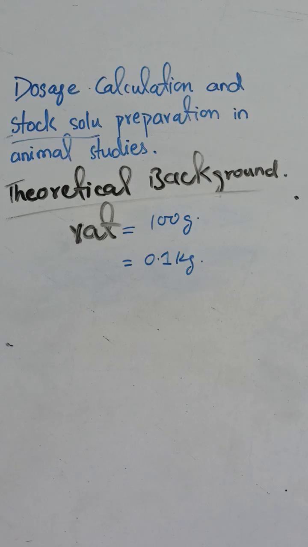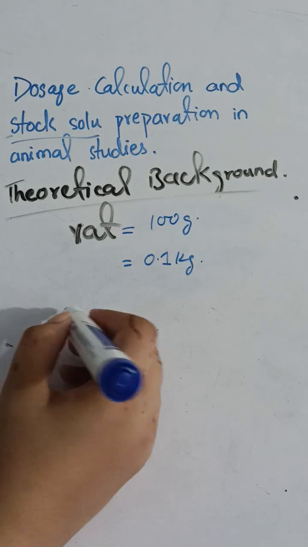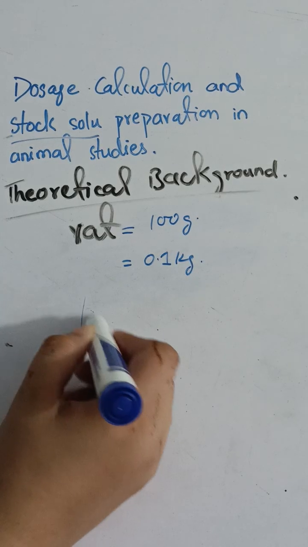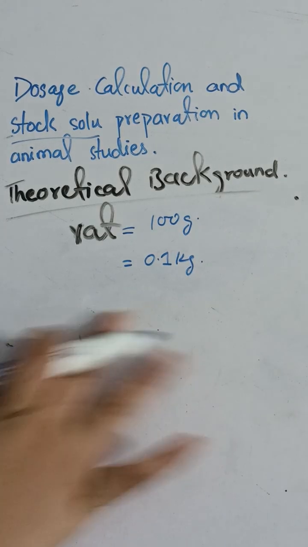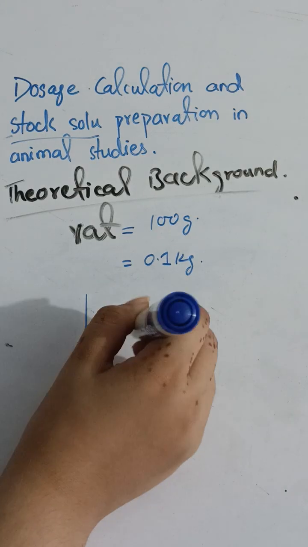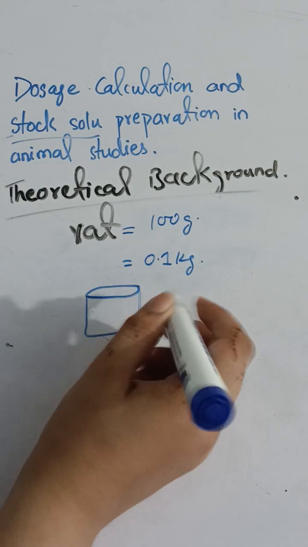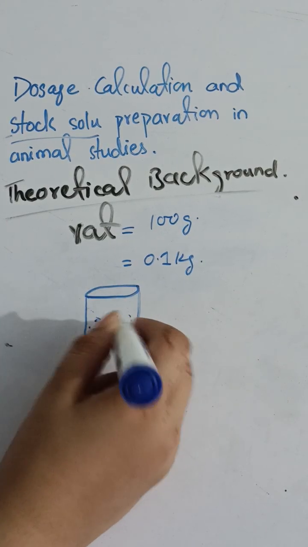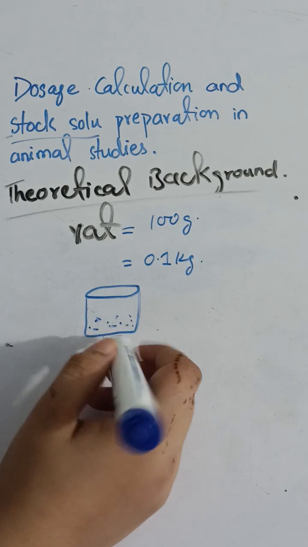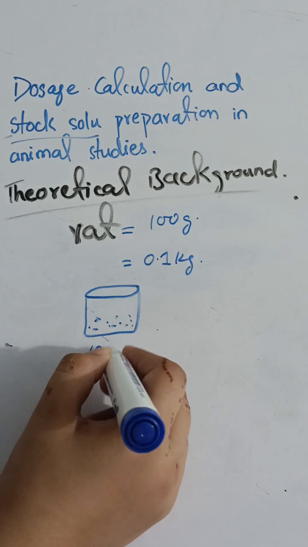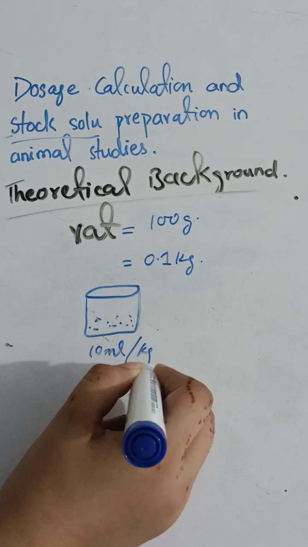Now we are given a stock solution by the company or by someone. For example, if we are given a drug, like here I have the drug within this beaker. Here is the drug in front of me, and this drug is 10 ml per kg.